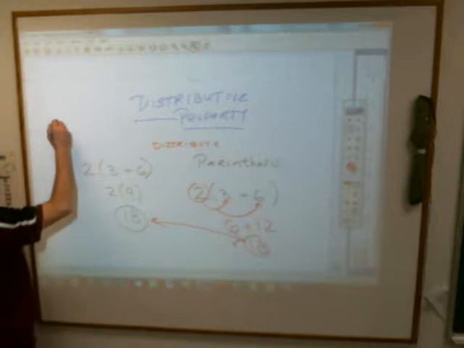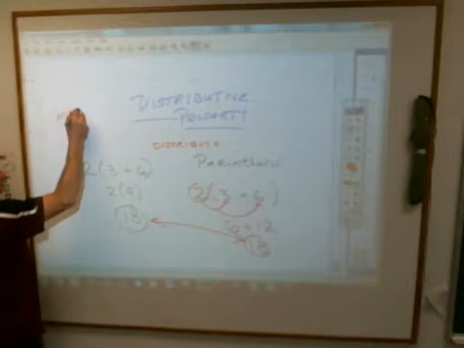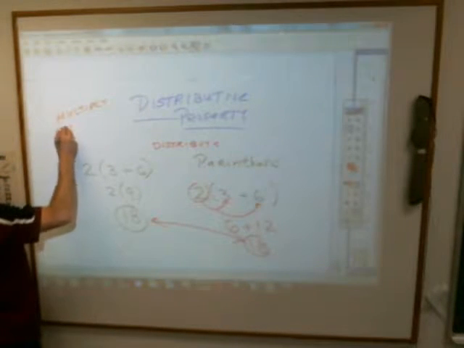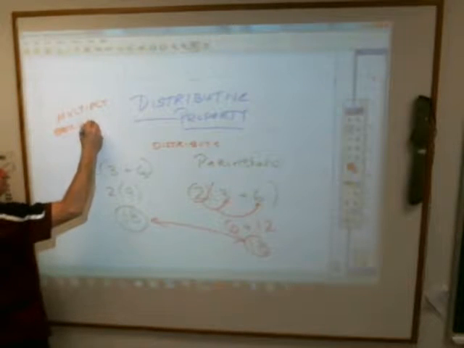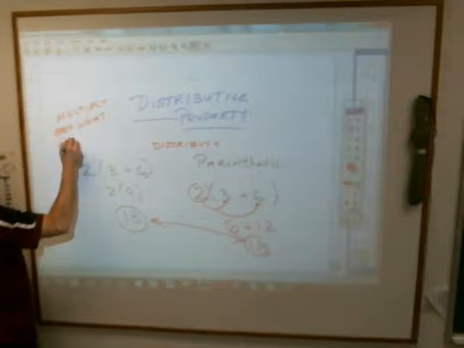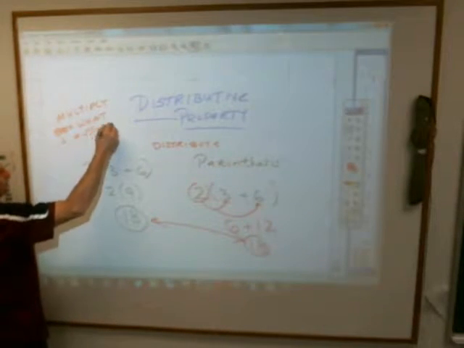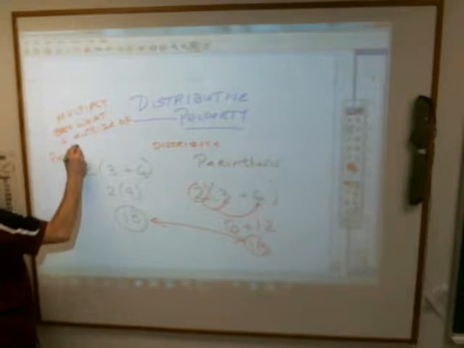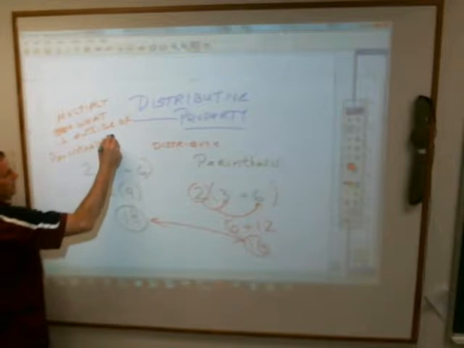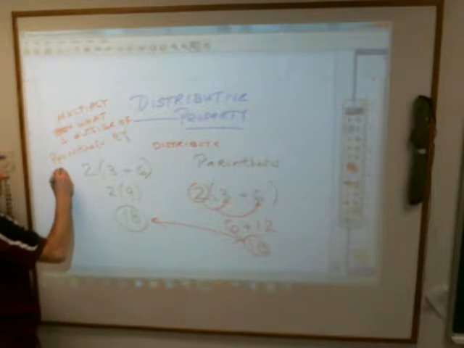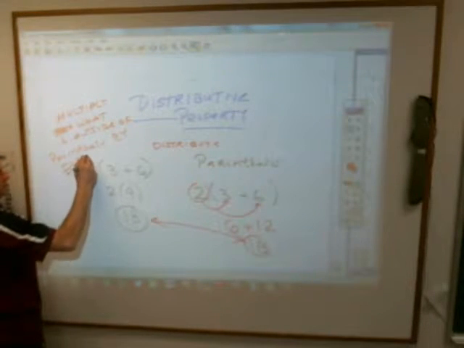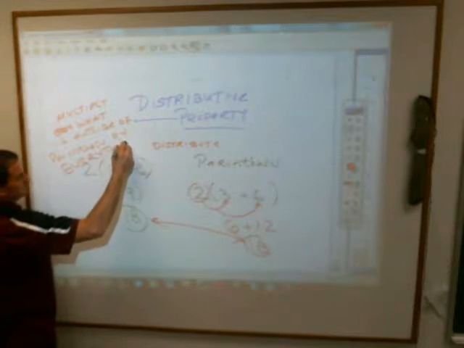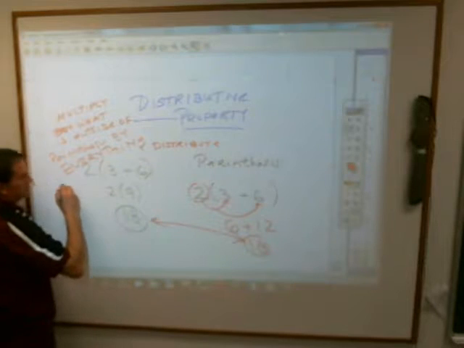What you need to do is multiply what is outside of parentheses by, and here's the key, it has to be by everything. Here's where people go wrong, they don't do it by everything, they just do the first one inside the parentheses.